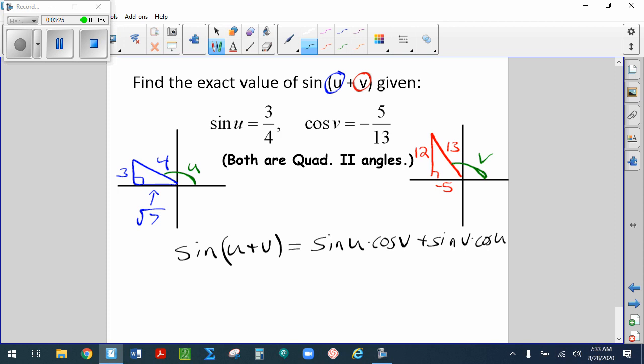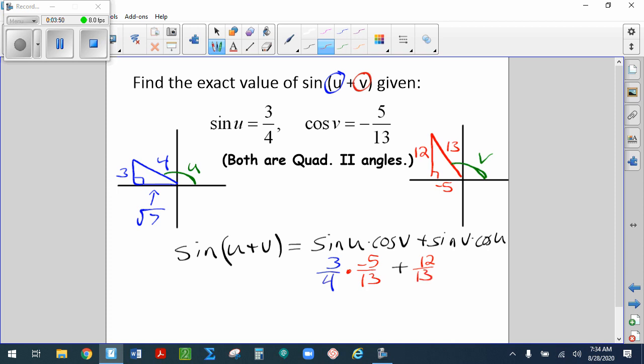So using a blue triangle, the sine of u is equal to 3/4. Using the red triangle, the cosine of v is negative 5/13. Then staying with the red triangle, the sine of v is 12/13.